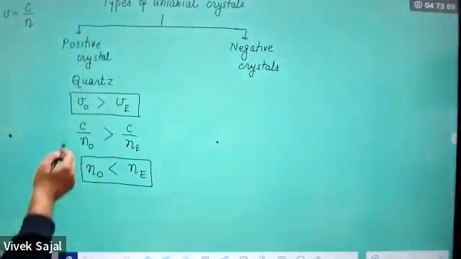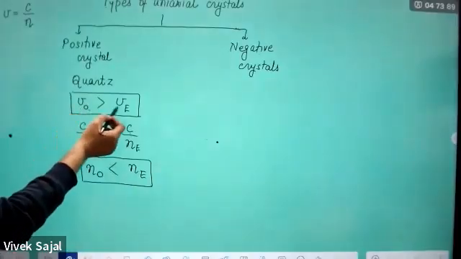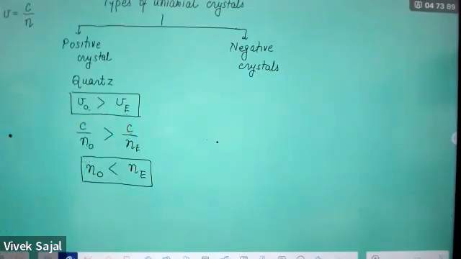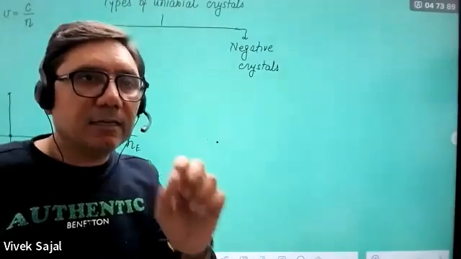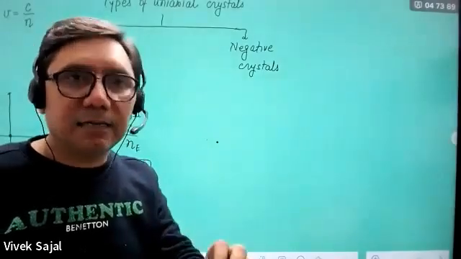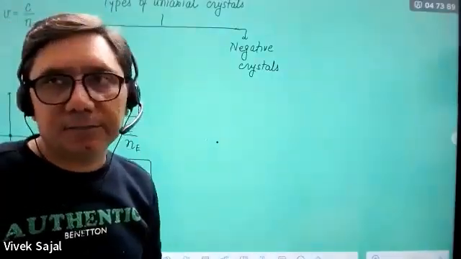Now the velocity of ordinary light is greater than the velocity of extraordinary light. Can you tell me what type of wavefront will correspond to ordinary light? What is the property of ordinary light? Ordinary light is that plane polarized light which travels with the same speed in all possible directions.